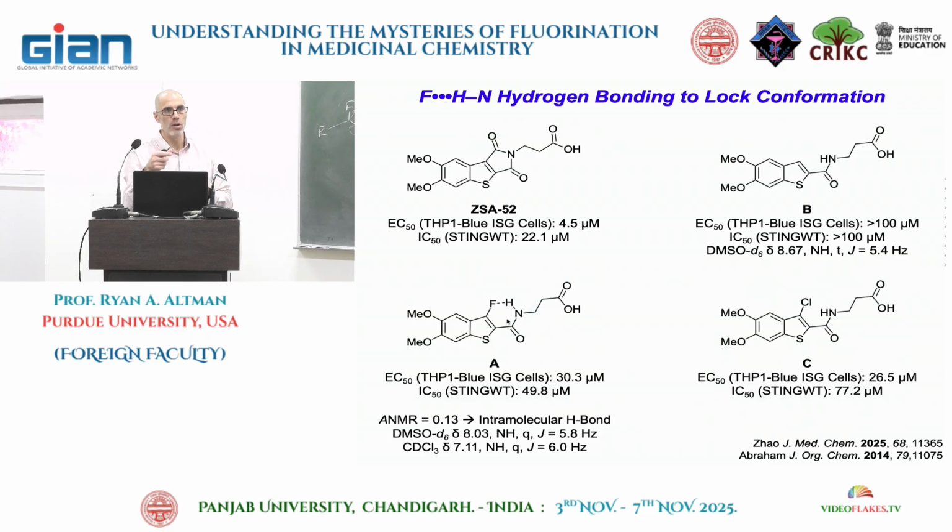In DMSO, where that oxygen is competing for hydrogen bonding with that hydrogen, you should see a shift. And there's a mathematical function that compares the chemical shift in DMSO versus chloroform, and you can establish quantitatively that there is a good strong intramolecular hydrogen bond or not.